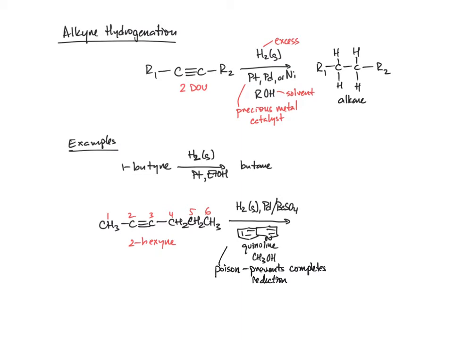So instead, it actually stops at the alkene, and specifically, it does a cis addition. So the alkene ends up being the cis geometrical isomer. So here we would end up with cis-2-hexene.